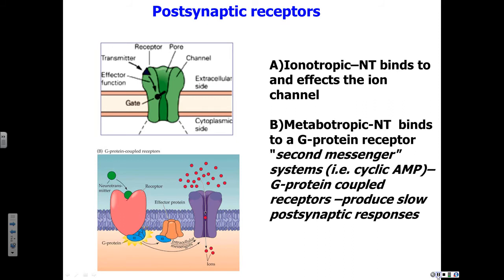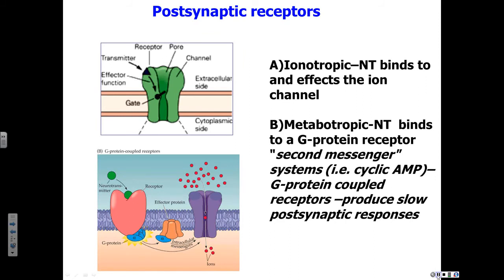And the next one is called metabotropic. All right, and that is the neurotransmitter binds to a G protein coupled receptor. And then the G protein coupled receptor does something. It could be Gs, and then it would be cyclic AMP. It could be IP3, but say it's cyclic AMP, and then cyclic AMP would have some effect on a channel.